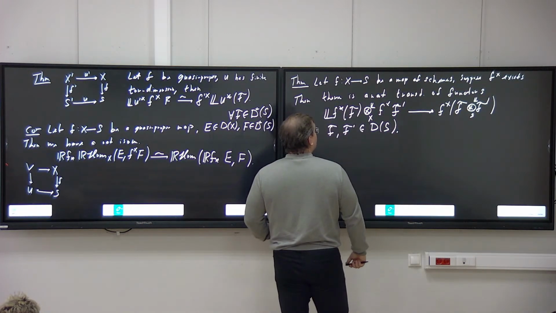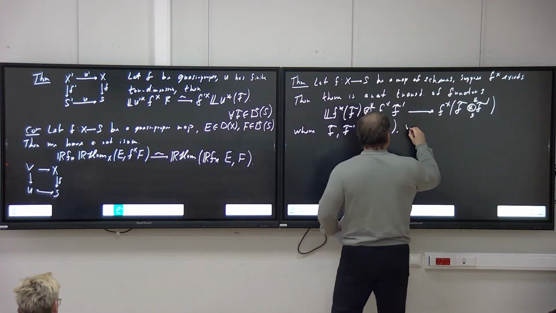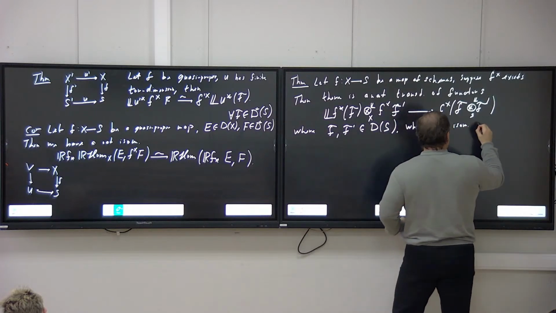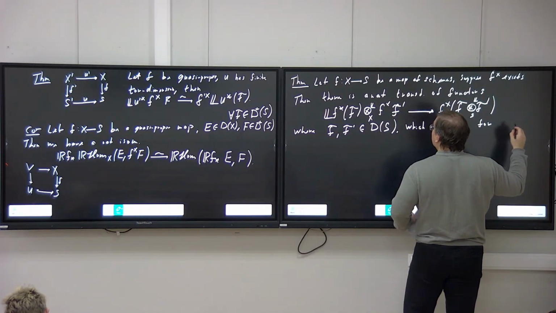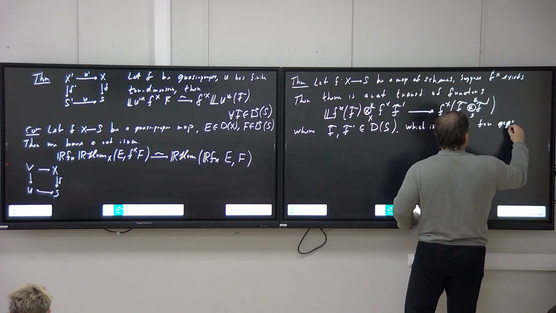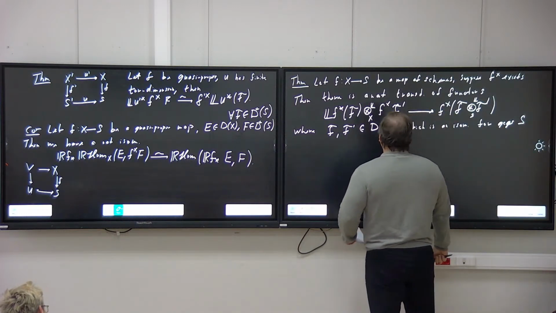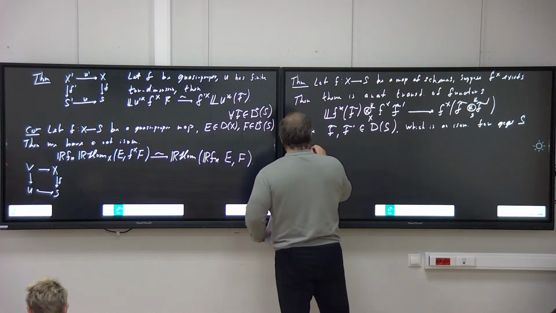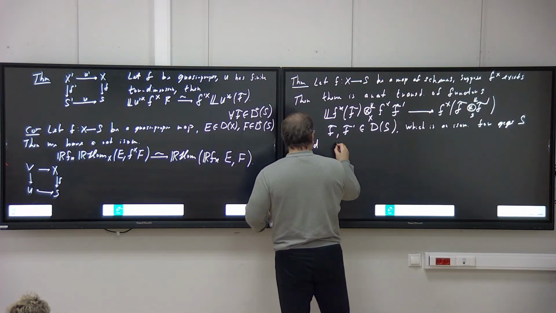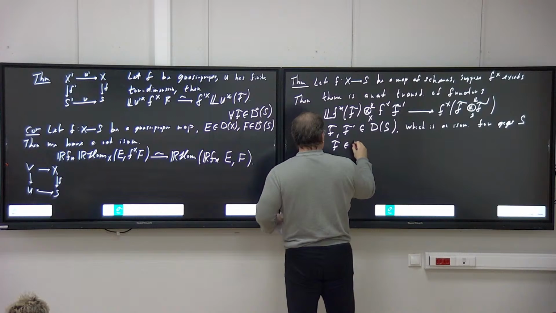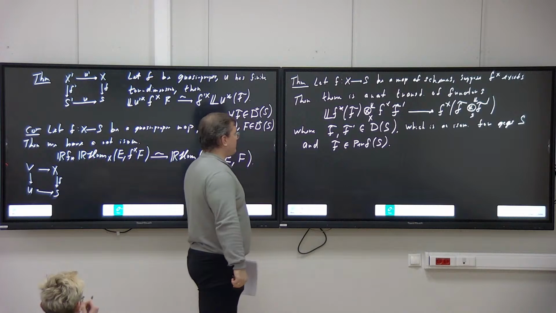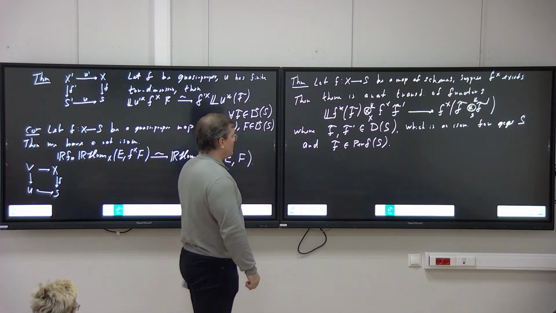there is a natural transformation of functors, which is an isomorphism for quasi-compact, quasi-separated S, and also F in the Perf of the S. So if one of the objects is perfect.